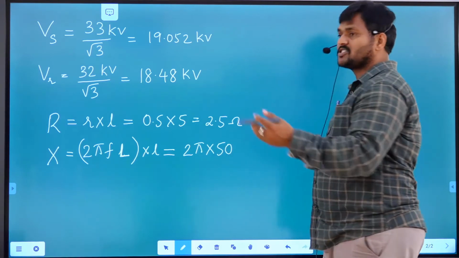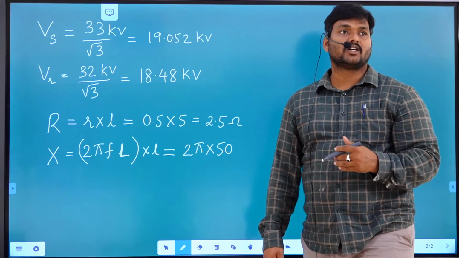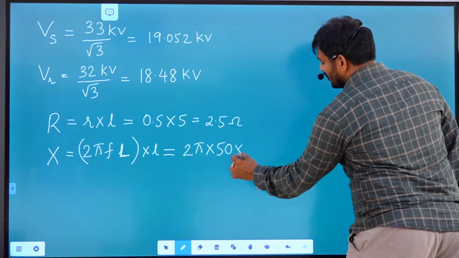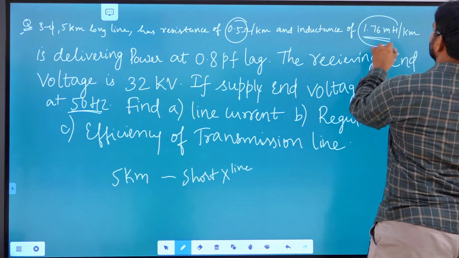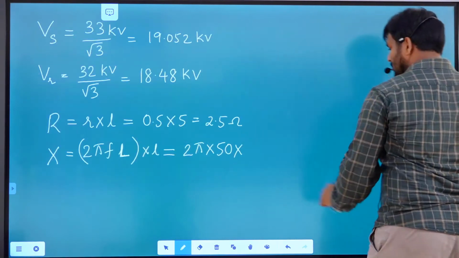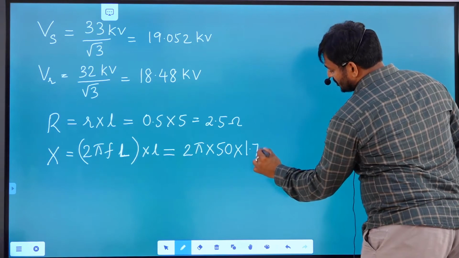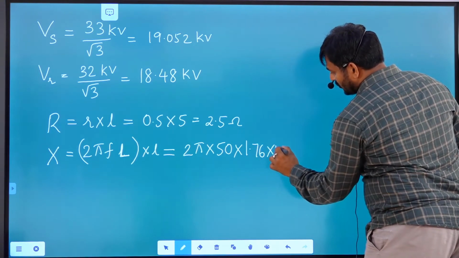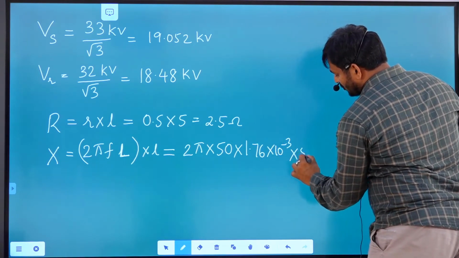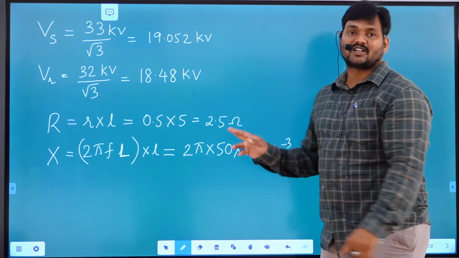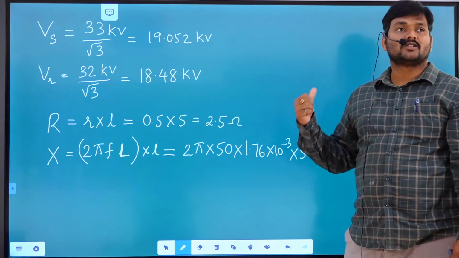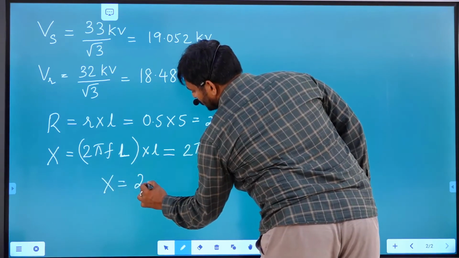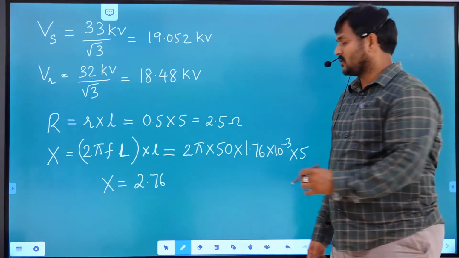Even if it is not given, take it as 50 Hz. L is given as 1.76 millihenry, so it is 1.76 into 10 power minus 3 into 5 kilometers. Millihenry is converted into henries and then you multiply with the distance. The reactance in ohms is 2.765 ohms.